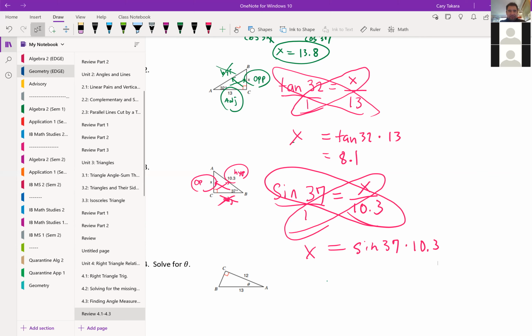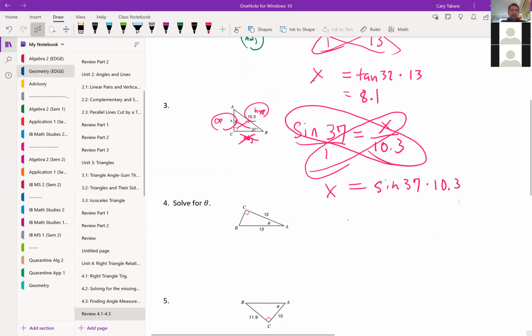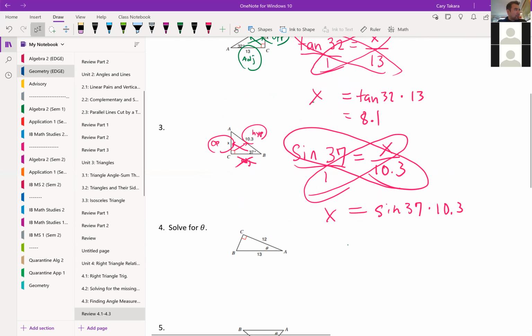Sine of 37 times 10.3. While we wait to hear from Leo, now I'm going to look at number 4 here.